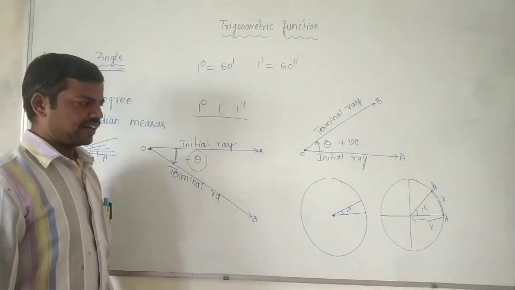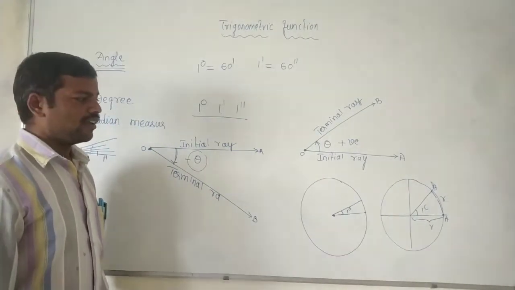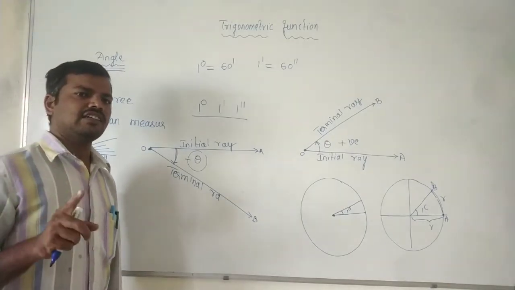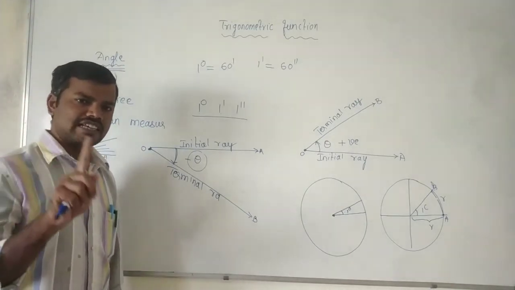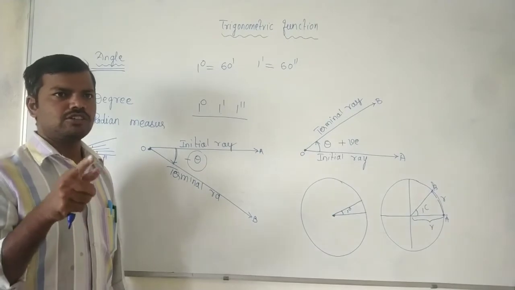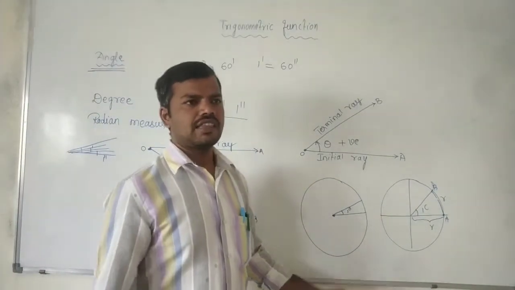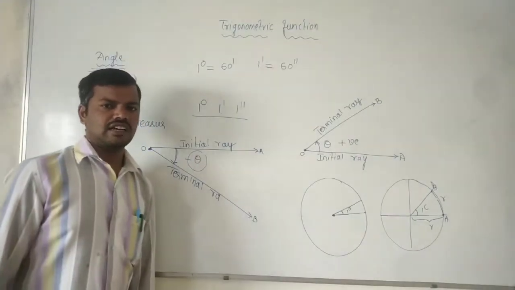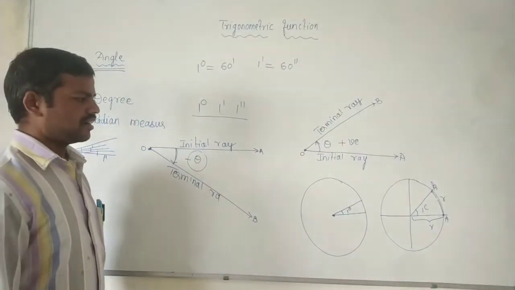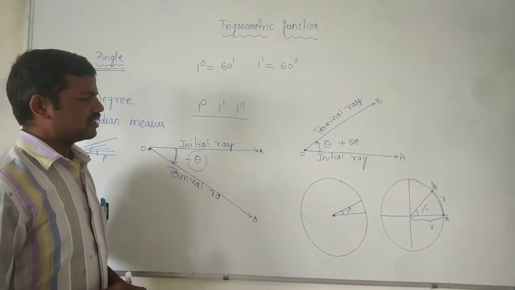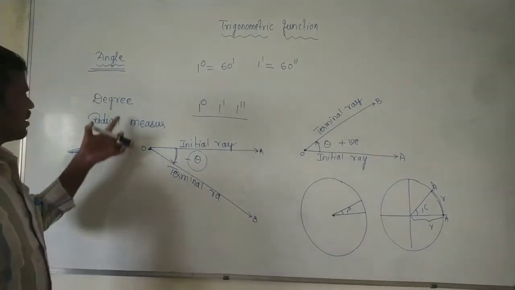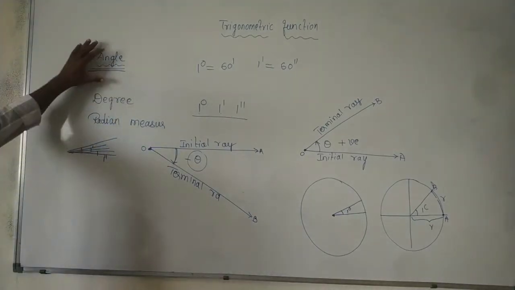So we now know when there is 1 radian. If the length of the arc is equal to the radius, at that time we are getting 1 radian at the center of the circle. So these are the different units we use for measuring an angle.